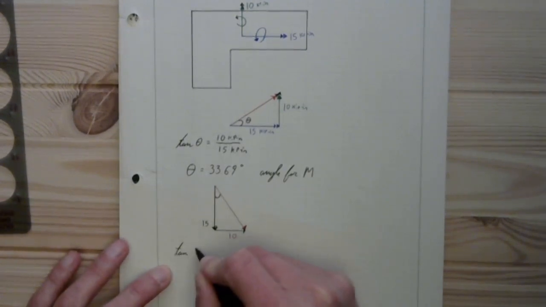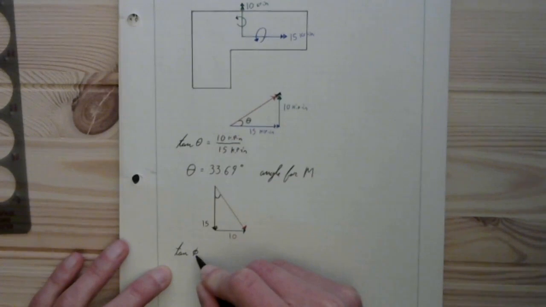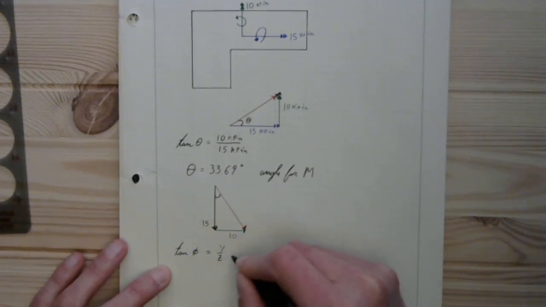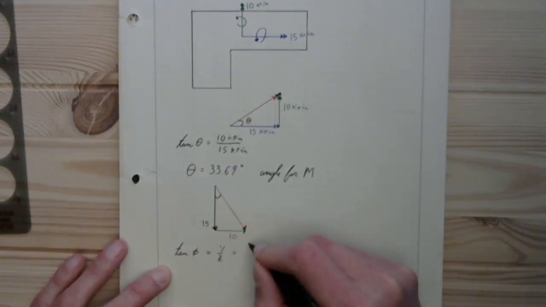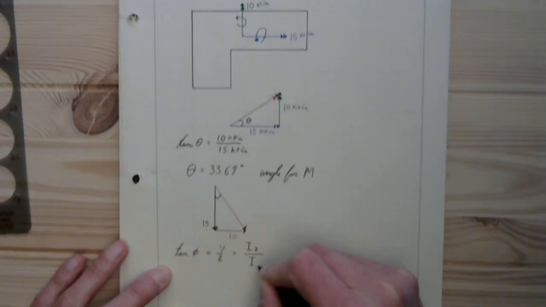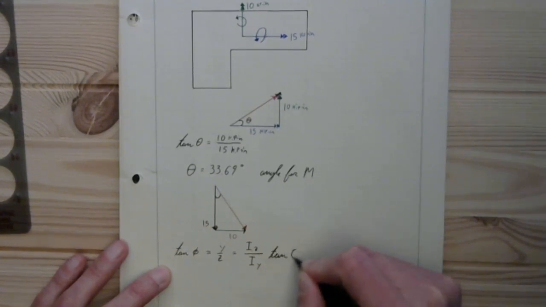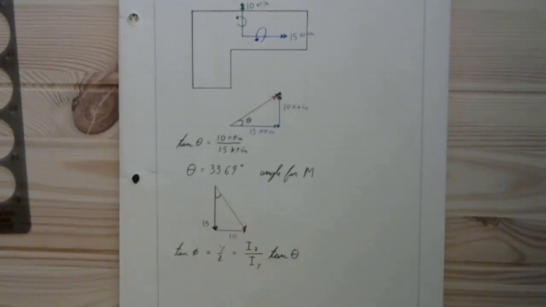The tangent of the angle that the neutral axis is at is going to be equal to the second moment of inertia about the z-axis divided by the second moment of inertia about the y-axis times the tangent of the angle that the moment is at.